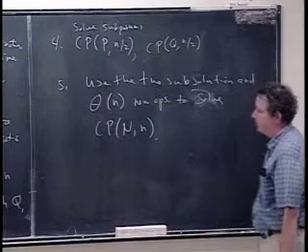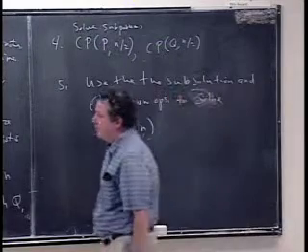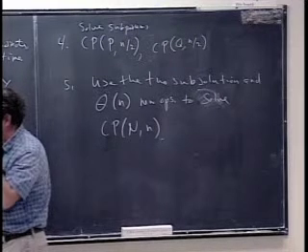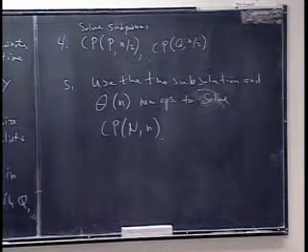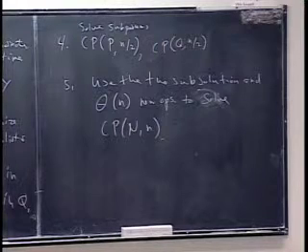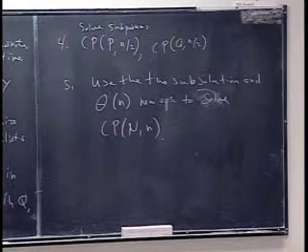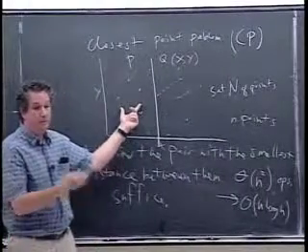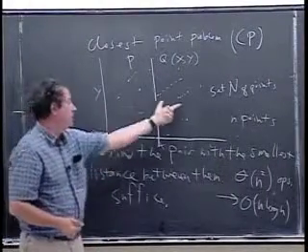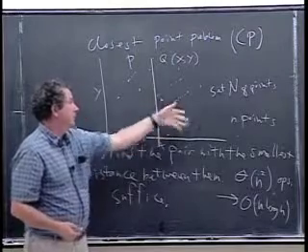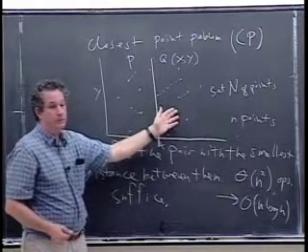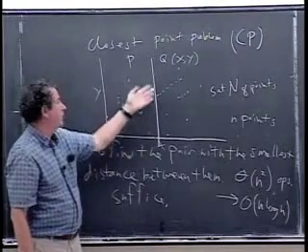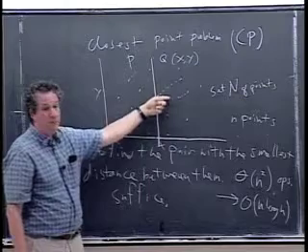And just as in the counting of the crossing lines we looked at, we know what the closest pair is among points where both points are in P. That was solved as a subproblem. We know what the closest pair is among pairs of points that are in Q. So what's left to consider is just pairs where one point is in P and one point is in Q.